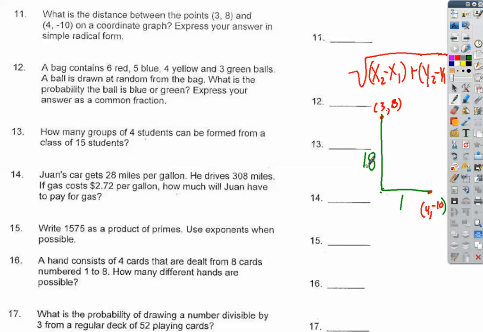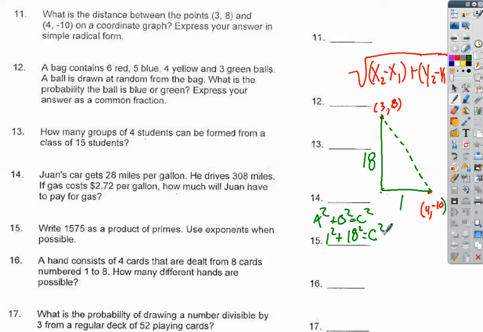So then we have to find the hypotenuse, and we use the Pythagorean theorem, which is a squared plus b squared is equal to c squared. So we have 1 squared plus 18 squared is equal to c squared.